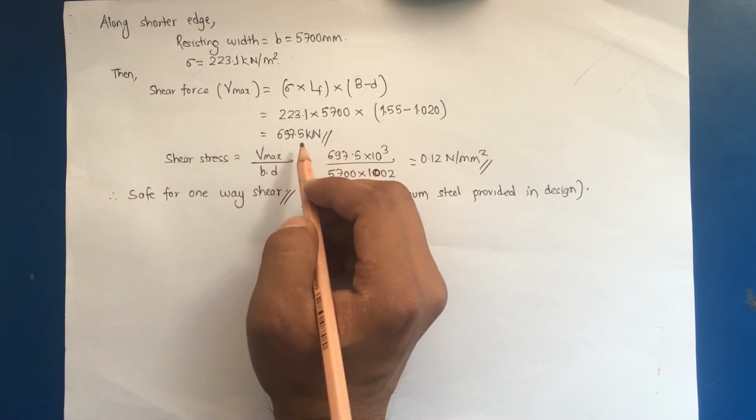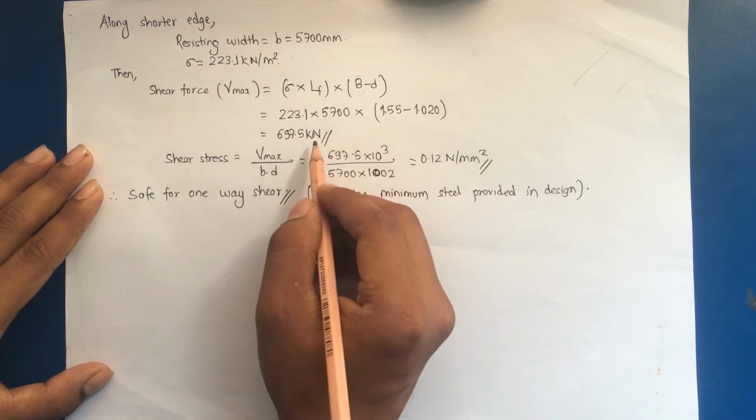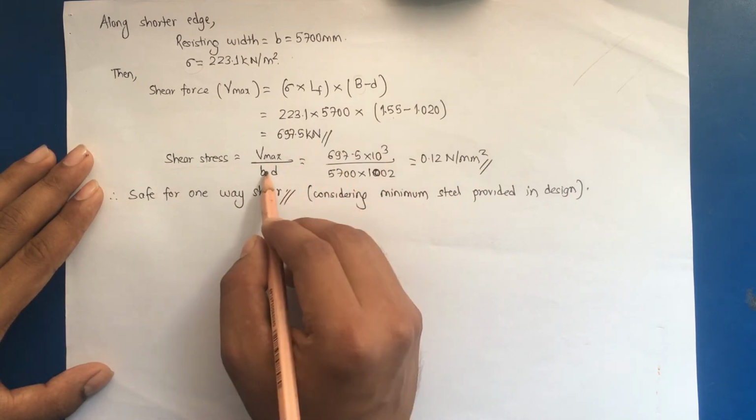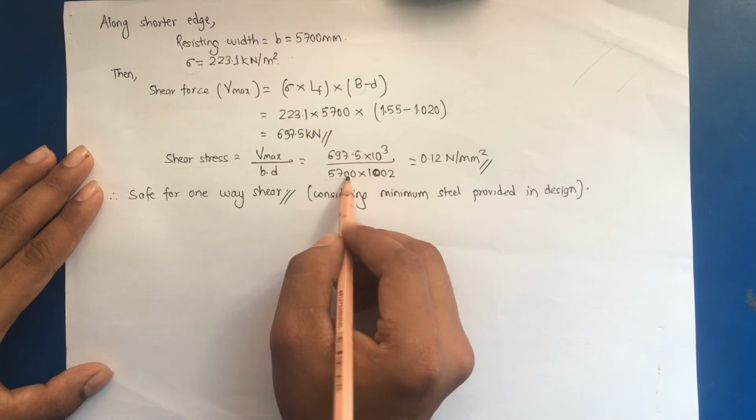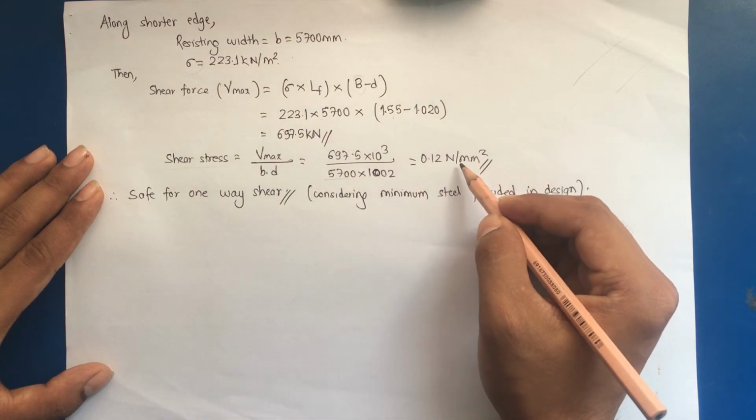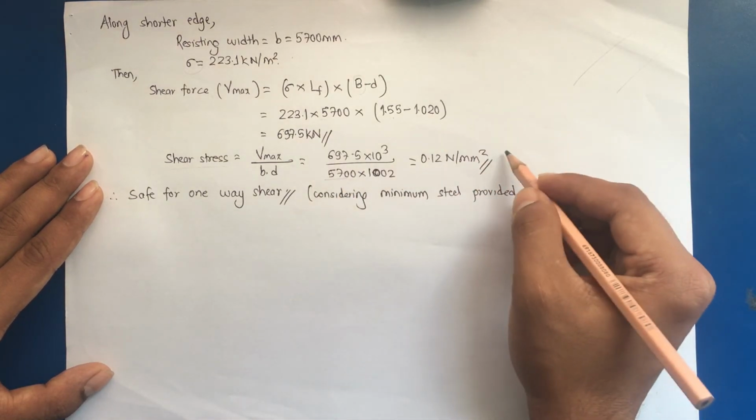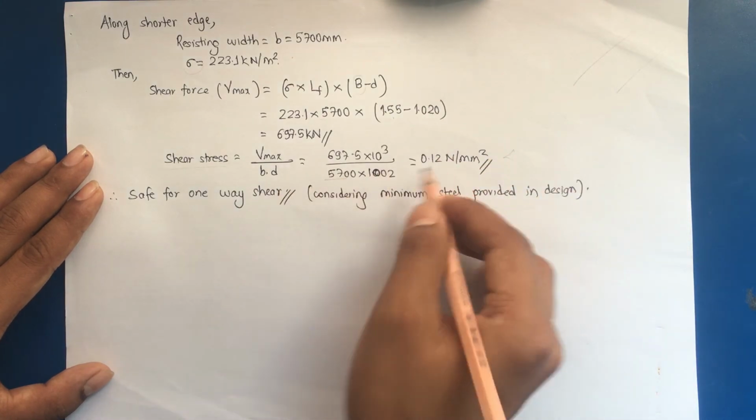So shear force comes as 697.5 kilonewton and for shear stress, substitute the value of B and D. B will be 5700. So this comes at 0.12 Newton per mm square. So it will be safe anyway because the value is very much less.